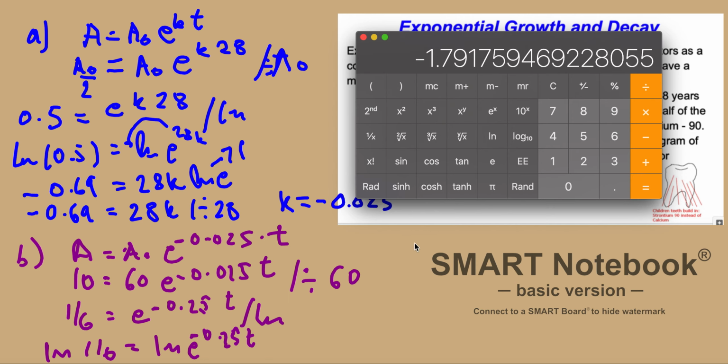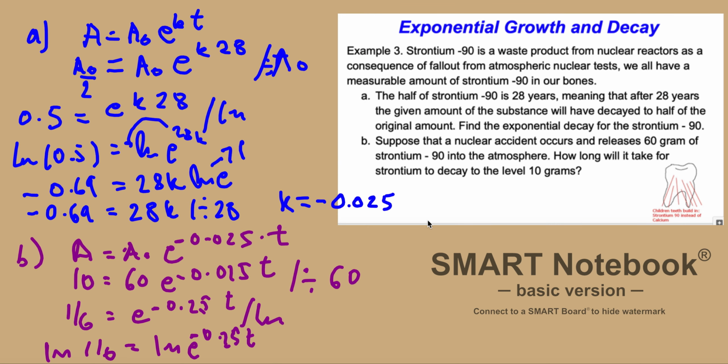So negative 1.79 is on this side, and on the other side the exponent comes to the front. What is going to be here? Negative 0.025, because there are two zeros here.